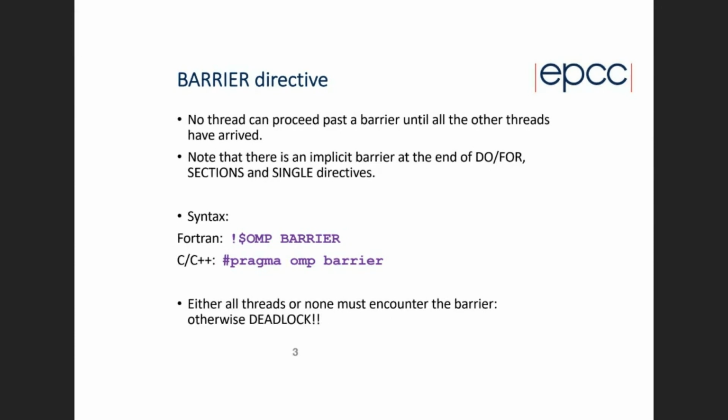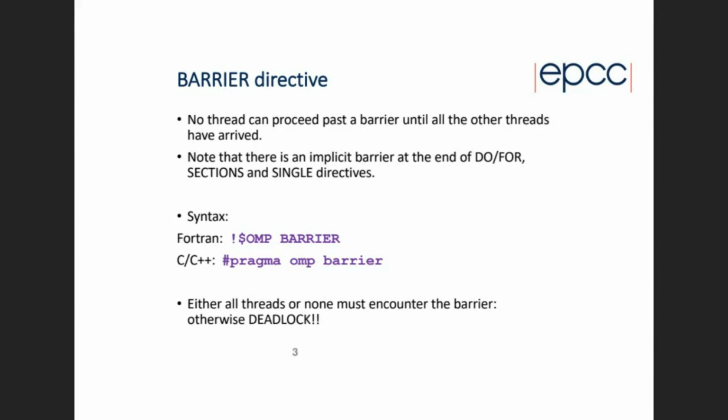However, sometimes we want to add an explicit barrier inside a parallel region, and there's a way of doing that with the barrier directive, no surprise. Unlike everything else we've seen so far, this is a standalone directive.